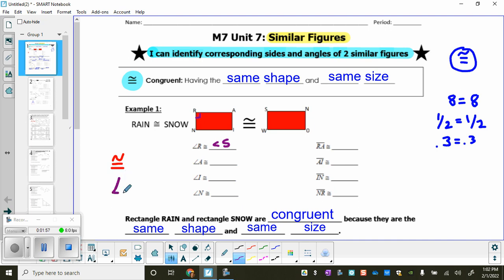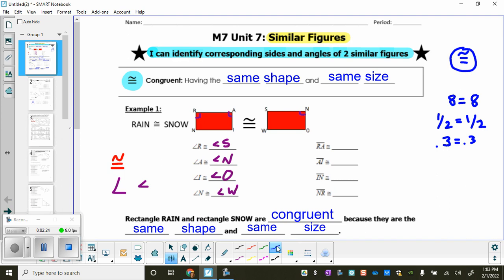For the angle, it's technically supposed to look like that, but I'm going to be moving kind of quickly. And when I write it like that, it might just look like a less than symbol, but you guys know that I'm talking about an angle, okay? We know that A is a 90-degree angle, and that's in the same spot as angle N. So A lines up with angle N. I down here lines up with O. And N over here, this N lines up with this W.